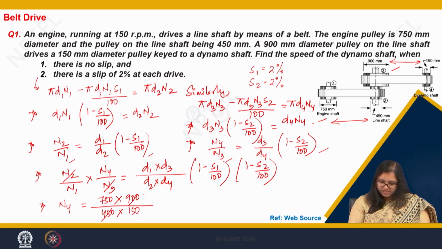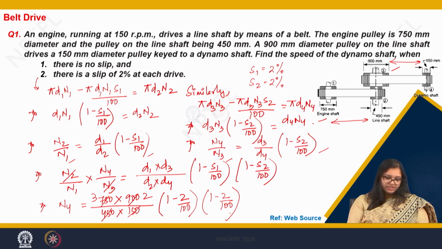So this is 2 times and this is 3. So this comes down to 6, and then we have (1 minus 2 by 100) multiplied with (1 minus 2 by 100).